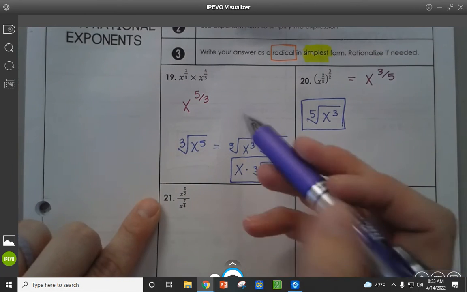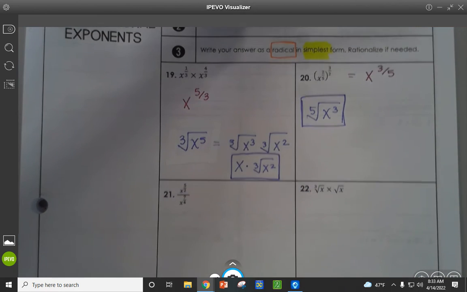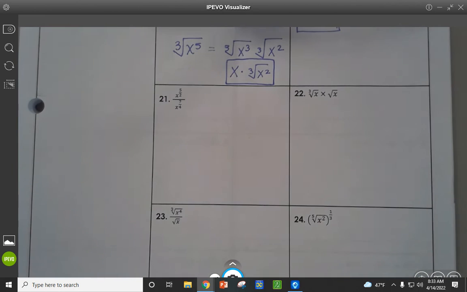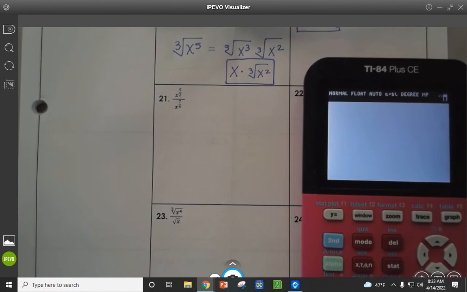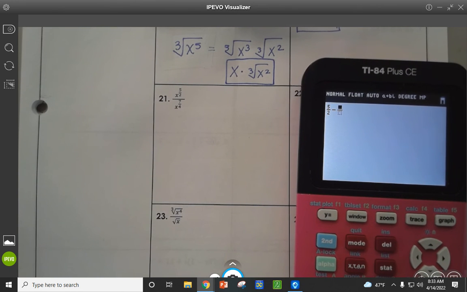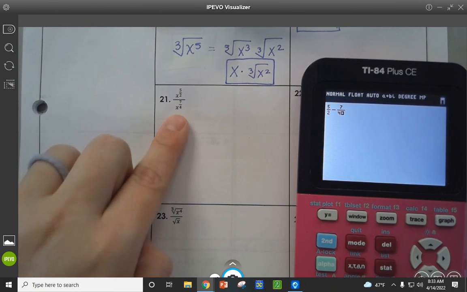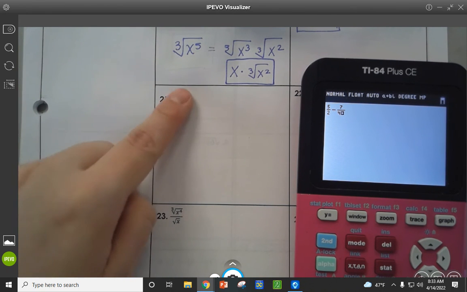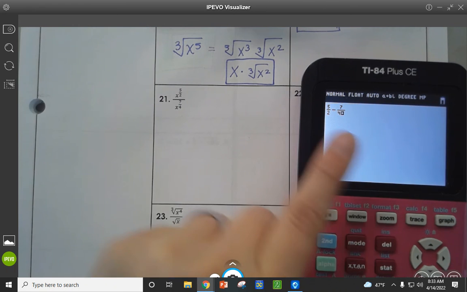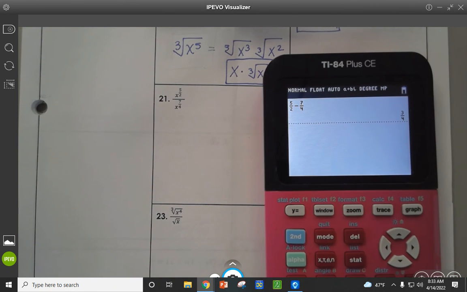Number 21. What about when I'm dividing variables? What do I do with those exponents? Subtract them. So 5/2 minus 7/4. Now, if you did not have a calculator, in order to subtract these, you would have to get a common denominator. But as long as you use your calculator, don't worry about that.